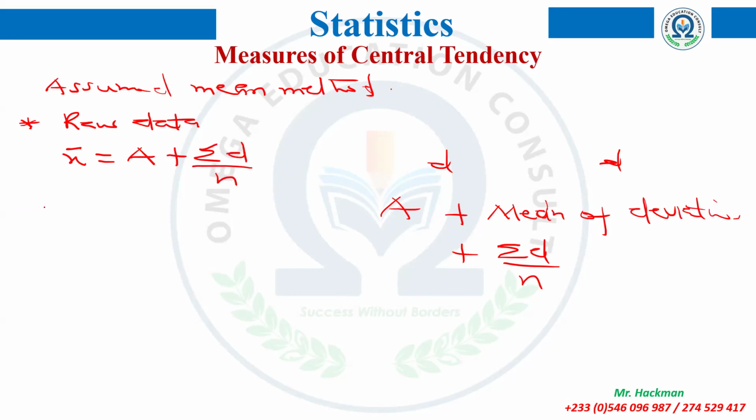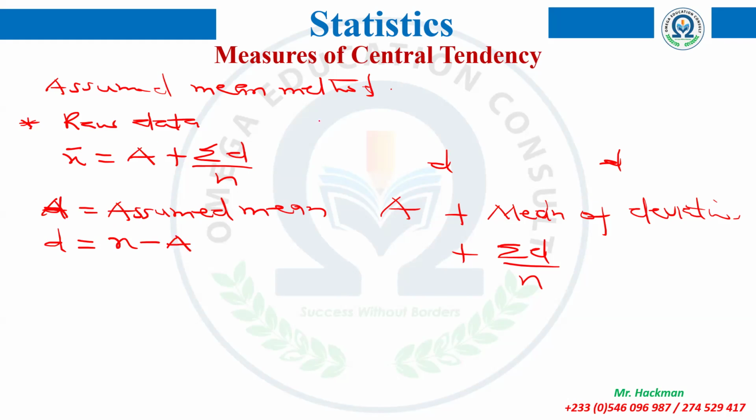However, here let me write A, where A is equal to the assumed mean. So I'm defining my parameters. And my D will be equal to the deviation of each observation from the assumed mean. The observation will be X, and the assumed mean will be A, so D is your observation X minus the assumed mean.